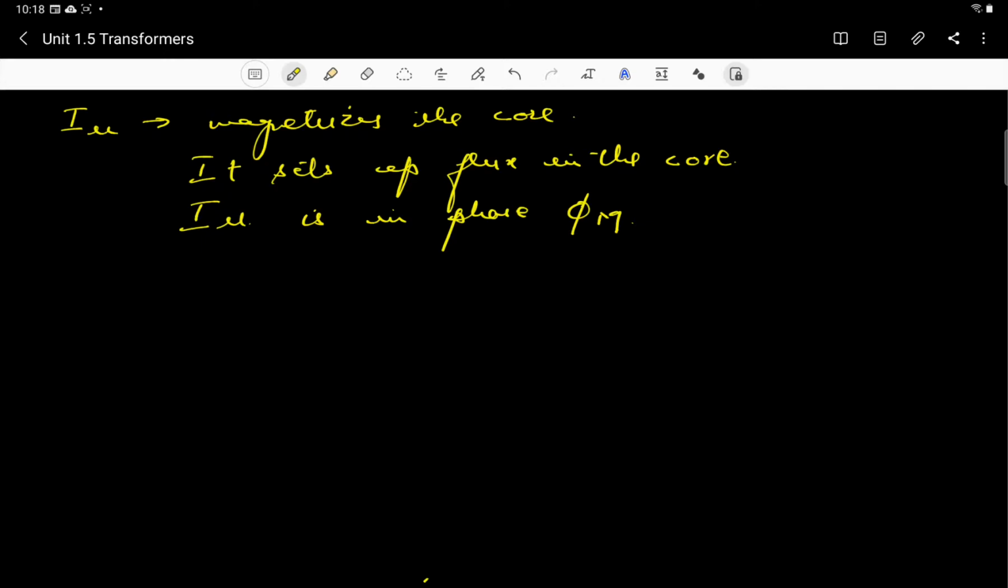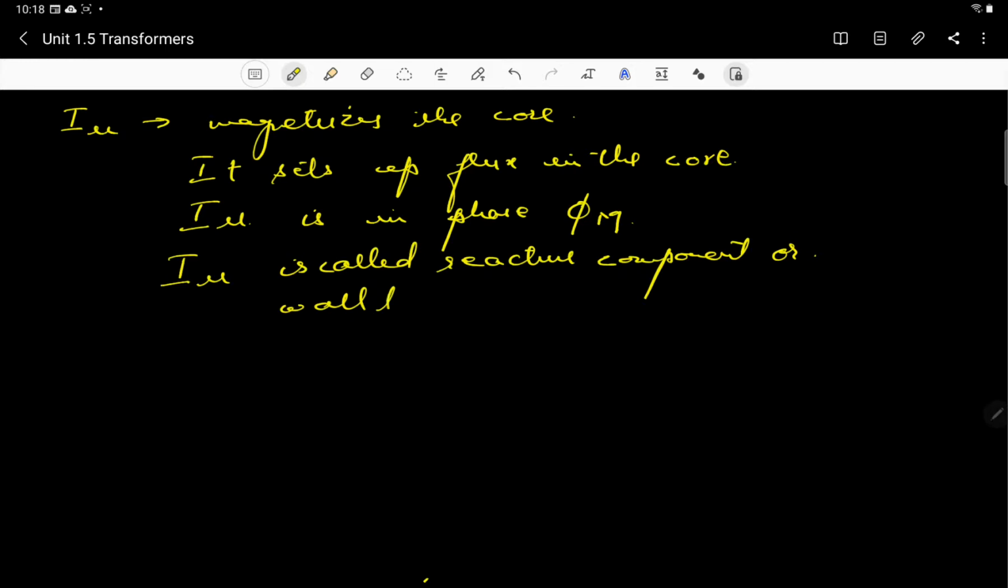The current I mu is also called reactive component, as I have already told you. I mu is also called reactive component, and you can say that it is also called as Watt-less component of no load current. All right. So this is all about I mu.